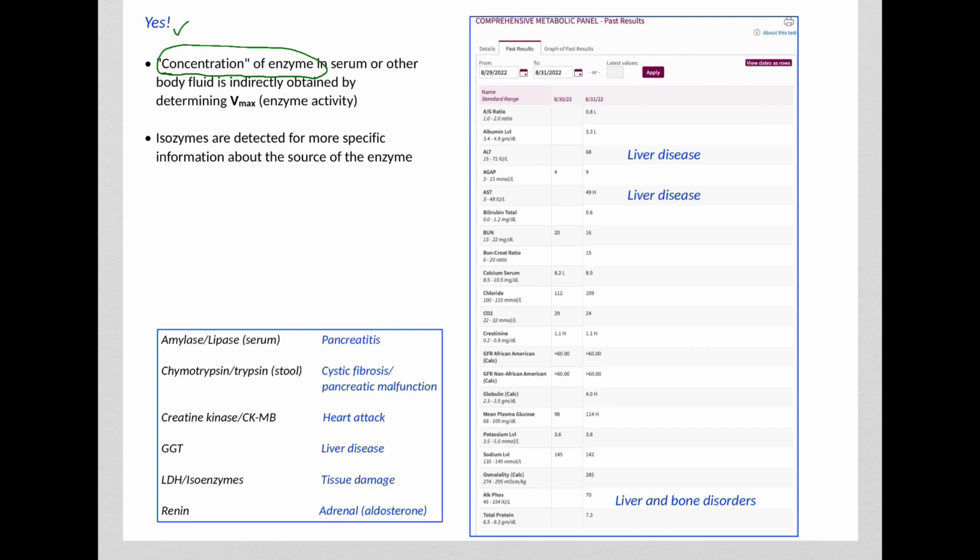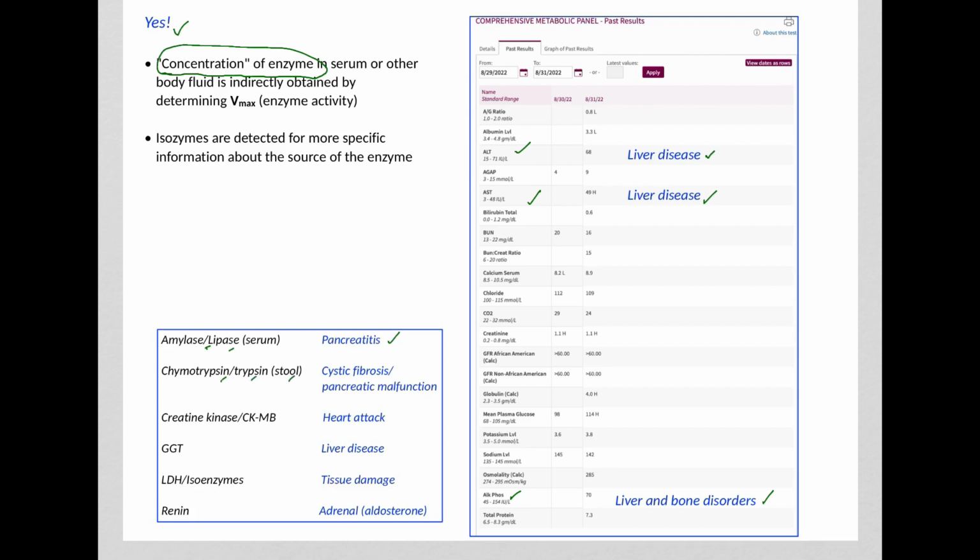routinely. So for example, the transaminases like ALT and AST are helpful for liver diseases. The enzyme alkaline phosphatase is routinely measured for liver and bone disorders. Enzymes such as amylase, lipase are used for pancreatitis.